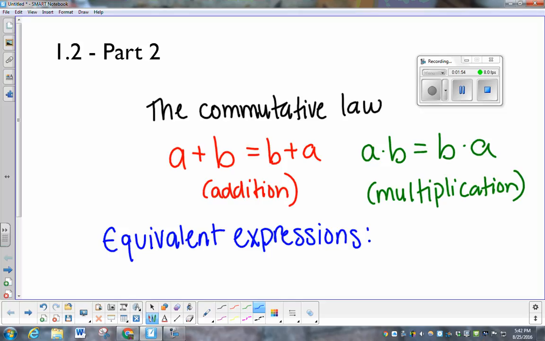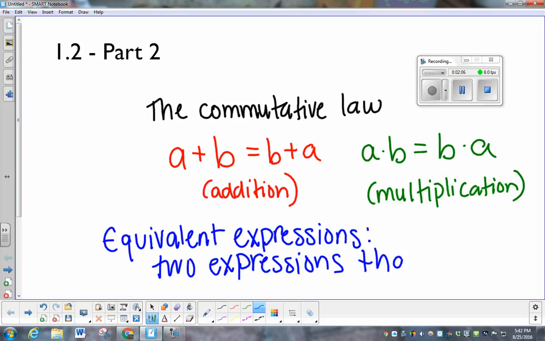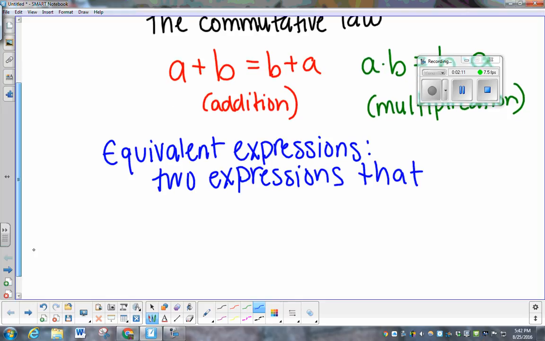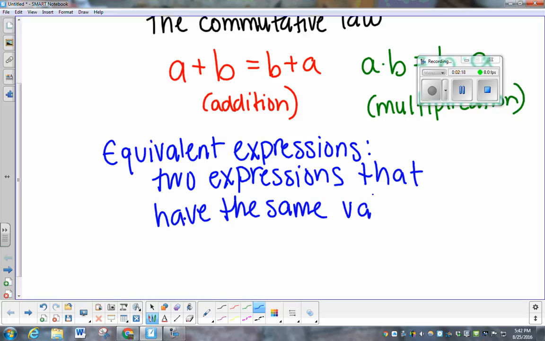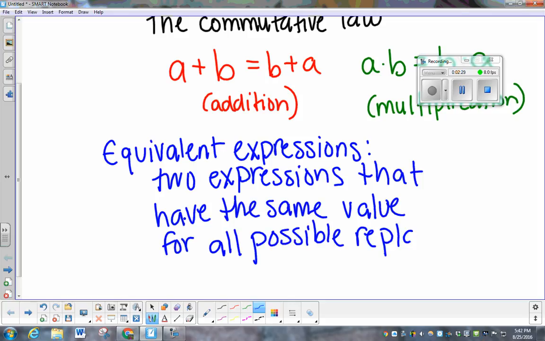Equivalent expressions are two expressions that have the same value for all possible replacements.